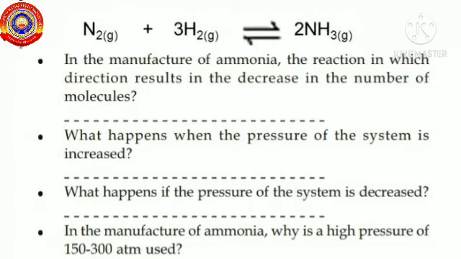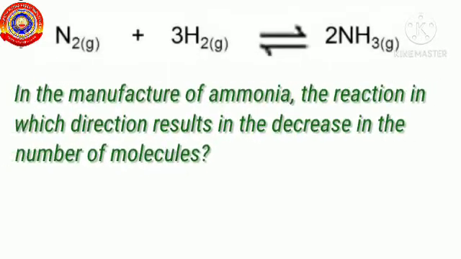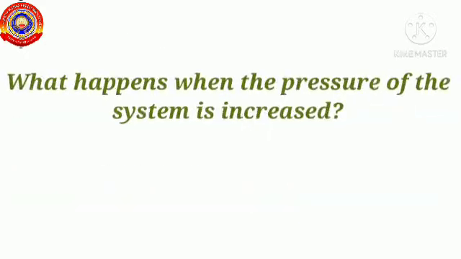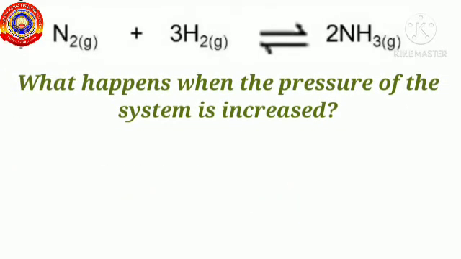See the first question. In the manufacture of ammonia, the reaction in which direction results in a decrease in the number of molecules? Yes, you have identified that in the forward reaction, the number of molecules decreases. Second question. What happens when the pressure of the system is increased?